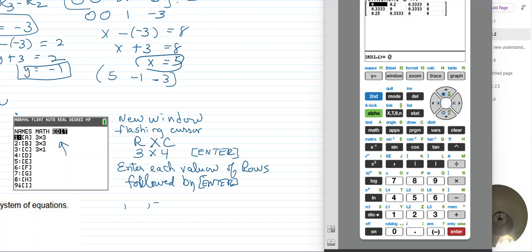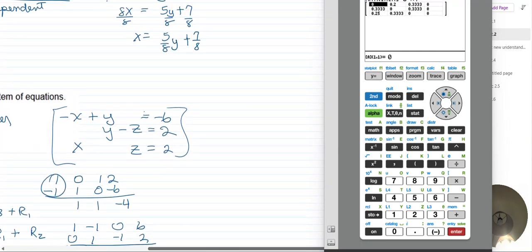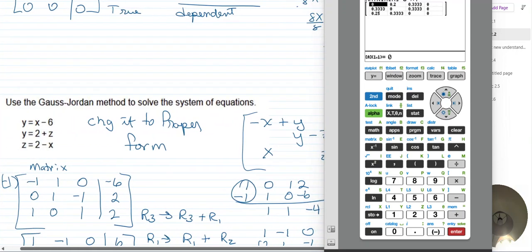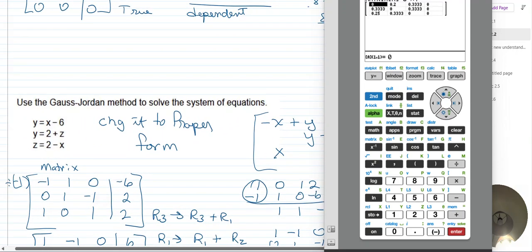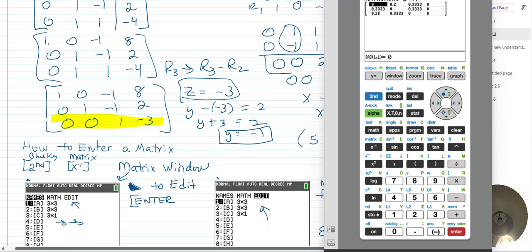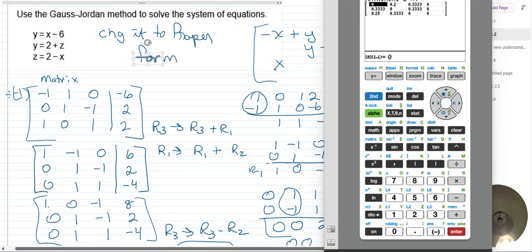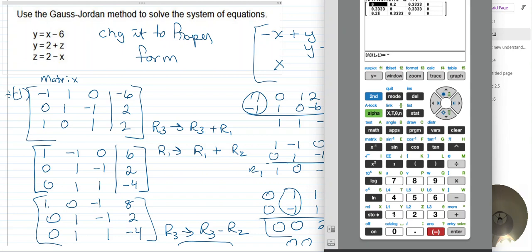So, okay, now remember my matrix, the original matrix that we had right here. This is our matrix. So I'm going to enter, and remember, negative is that bottom key to the left of enter, -1, enter, 1, enter, 0, enter, 6, enter.